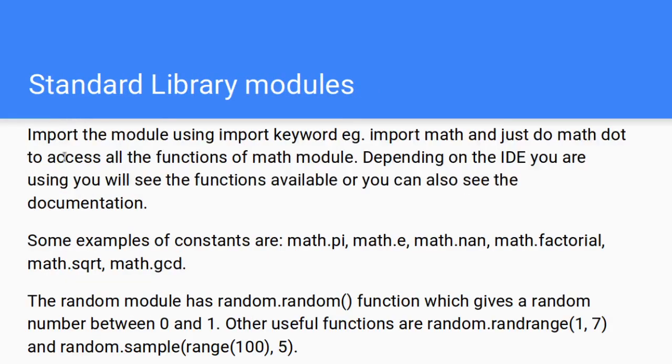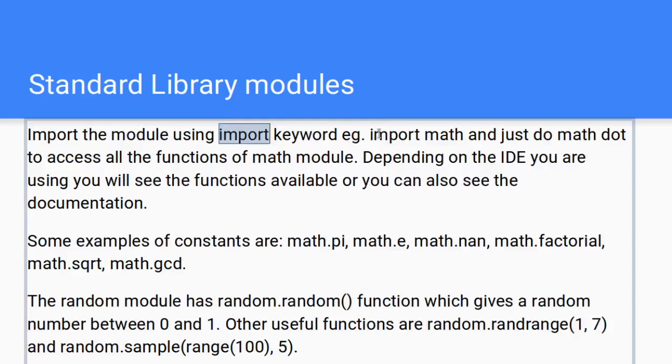So, moving on. We import the module from the standard library. Modules are built into Python, but you have to import them. So you import the module using the import keyword, like import math, and then you do math dot whatever to access all the functions on the math module.